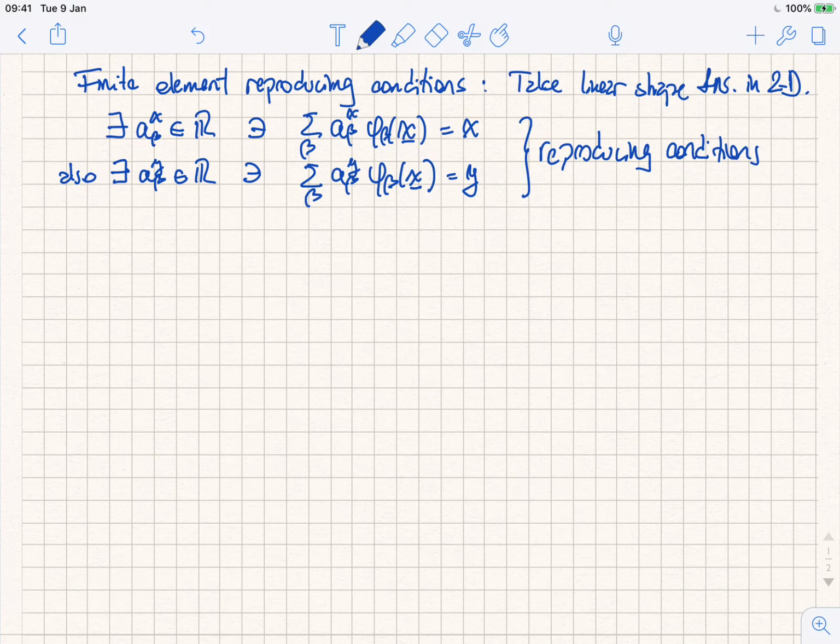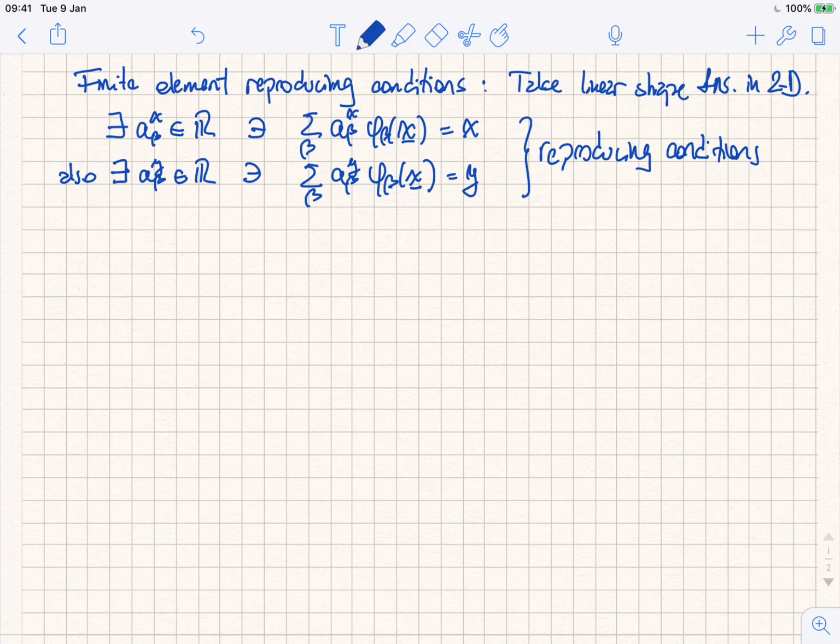In the case of a linear polynomial, all the things that I just wrote basically mean that you can find coefficients or degrees of freedom that yield back, in your standard finite element approximation, a linear polynomial in x and in y.